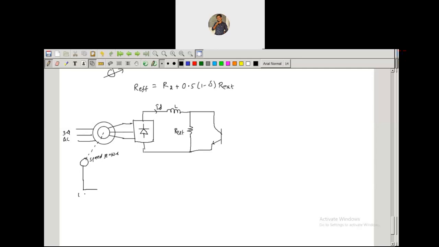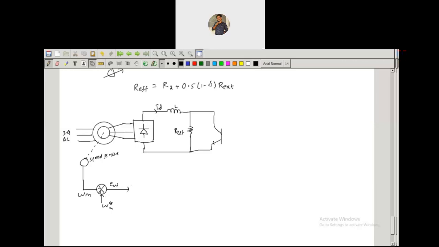The speed omega m will be compared with the reference speed. Whatever the application you are using, that reference speed omega m star is the reference speed, and here we are going to get the speed error.